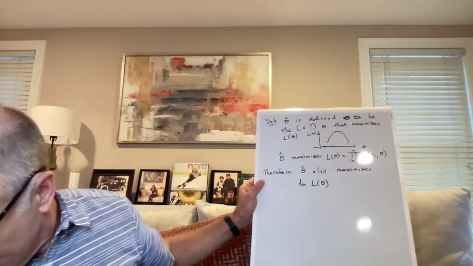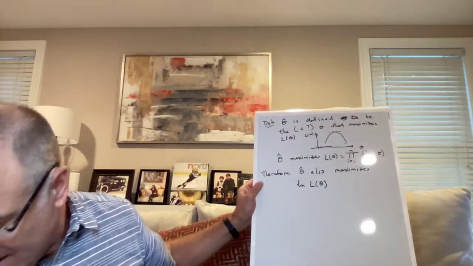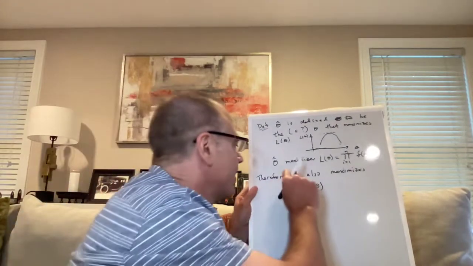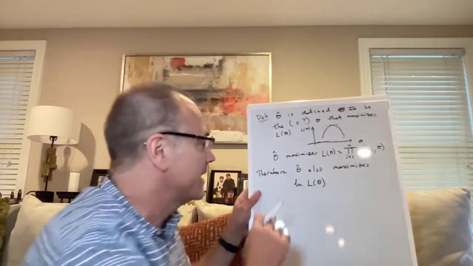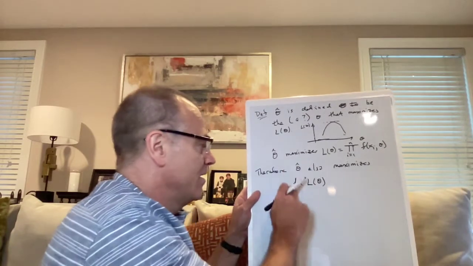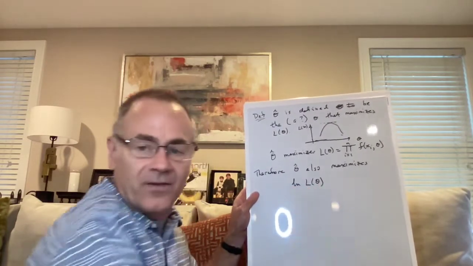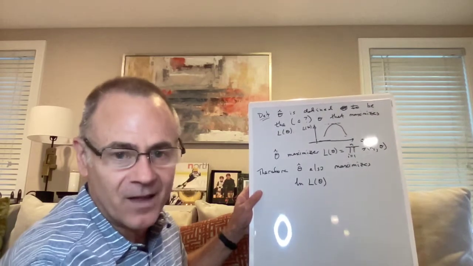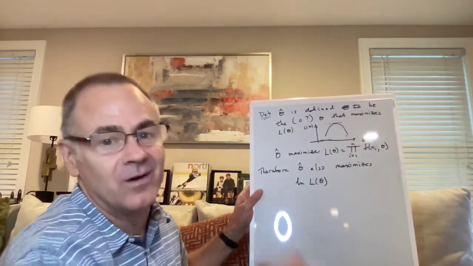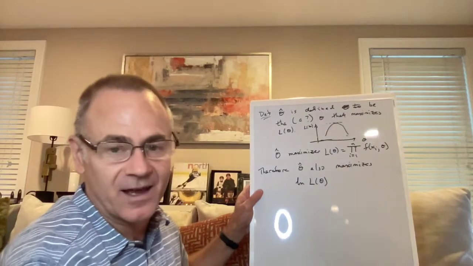Given that theta hat maximizes that, the derivative of log of L of theta with respect to theta has got to equal 0 when theta equals theta hat.